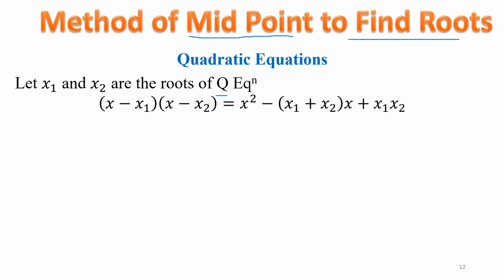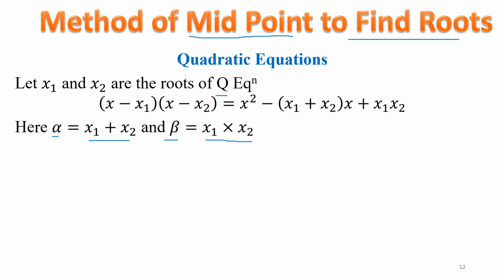If you expand the bracket, you will come across x squared minus, inside the bracket, (x1 plus x2) into x plus x1 x2. Here x1 plus x2 I am replacing by alpha, and x1 x2 I am replacing by beta.